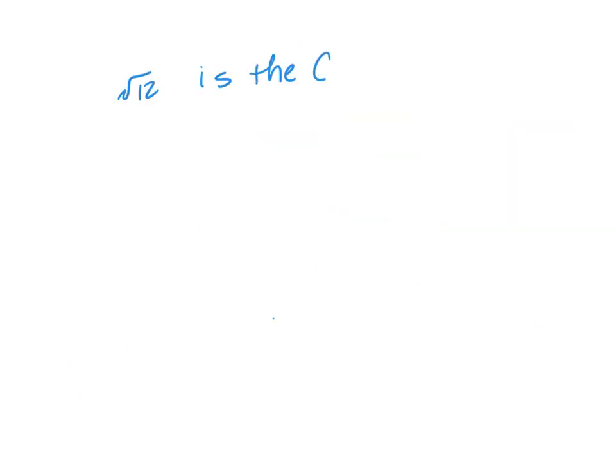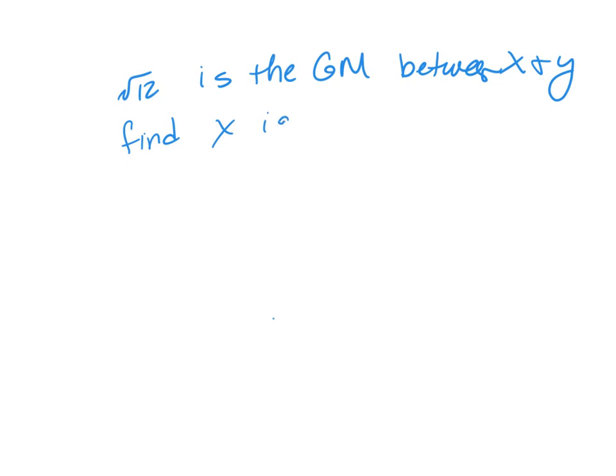Root 12 is the geometric mean between x and y. Find x if y equals root 3. All right, so these are word problems, and you guys freak out when you see a word problem, right?